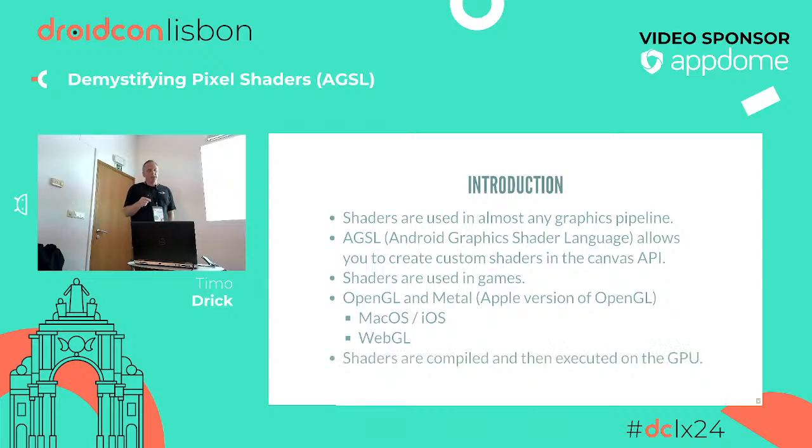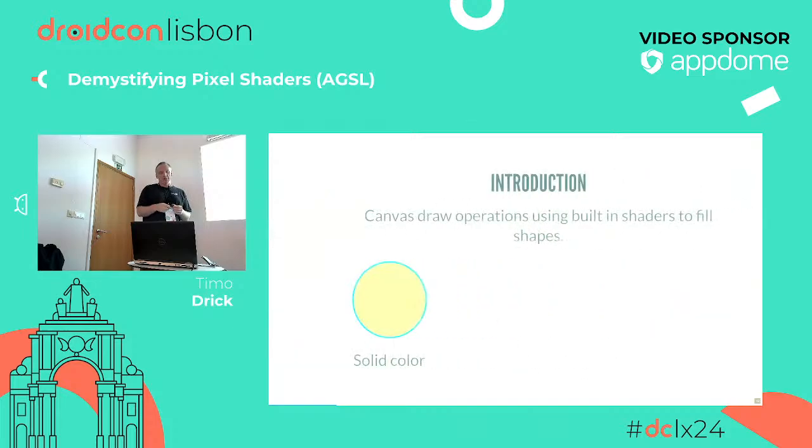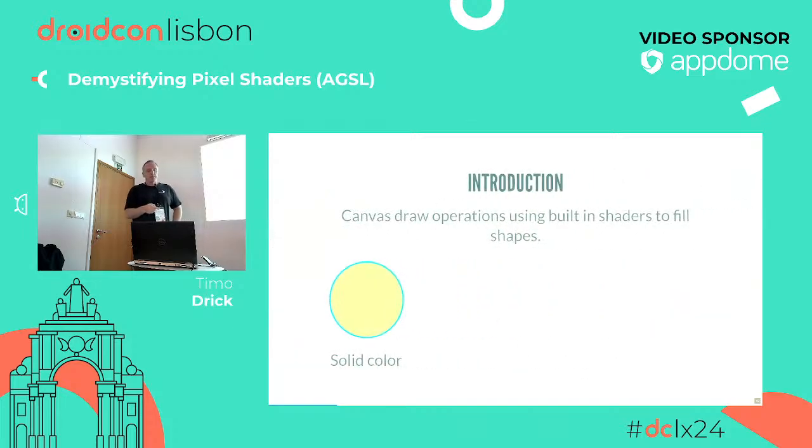One important thing, the code of the shaders will get compiled and executed on the graphics card. So it's not the same as Java or Kotlin code. It's very fast. Yeah, but we will see. So maybe you also know how to draw something with Compose, or also with the legacy view system. By the way, everything with shaders today works also with the legacy view system, but my samples are only for Compose.